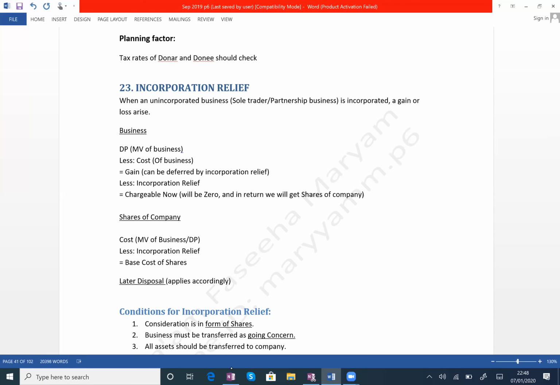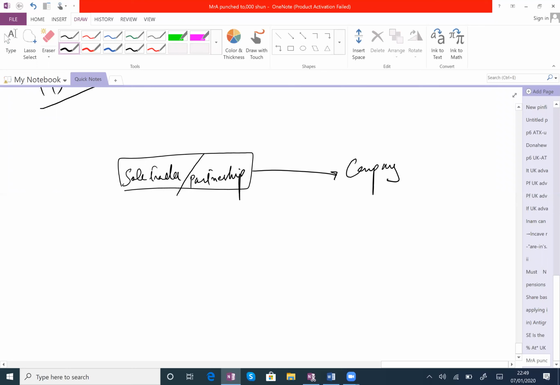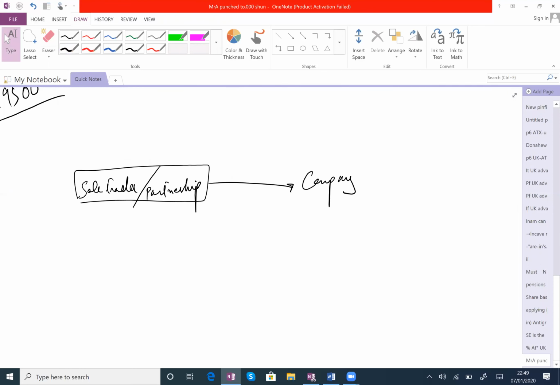What is this? Just write it down, you can see it on the screen. For example, I am running a sole trader or partnership business. When I convert this business into a company, convert means all the assets of the business I am transferring to the company.